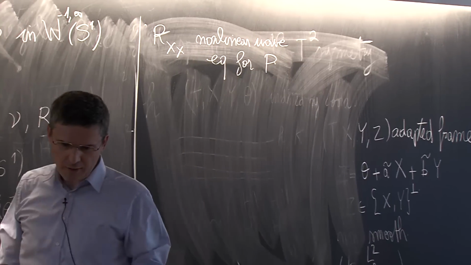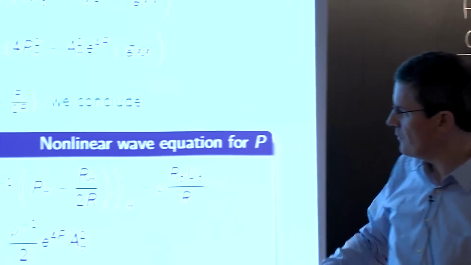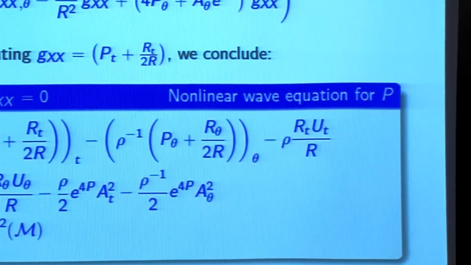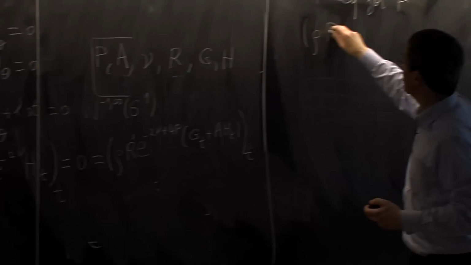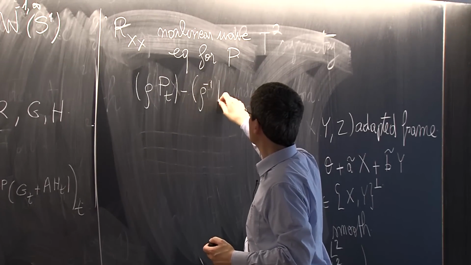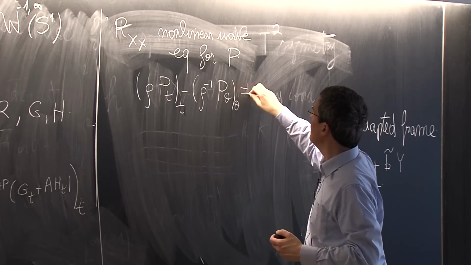Maybe I don't write it, but it looks like this. If you forget about the R contribution, let me just write the principal part on the blackboard. It has this form: rho P_tt minus rho^-1 P_θθ.